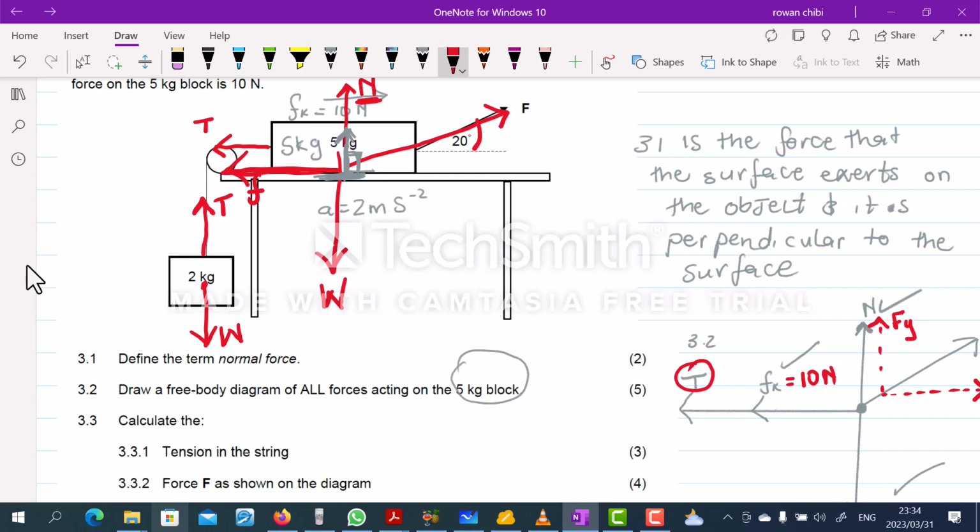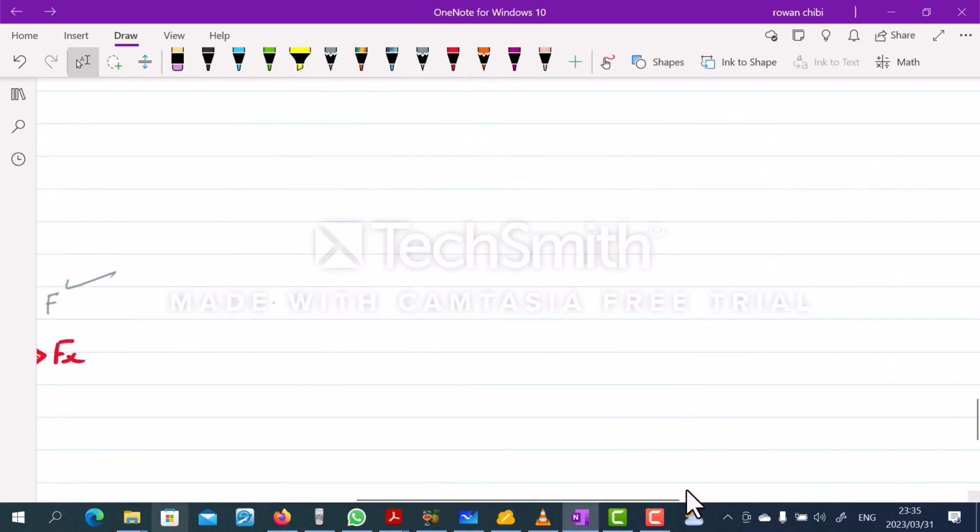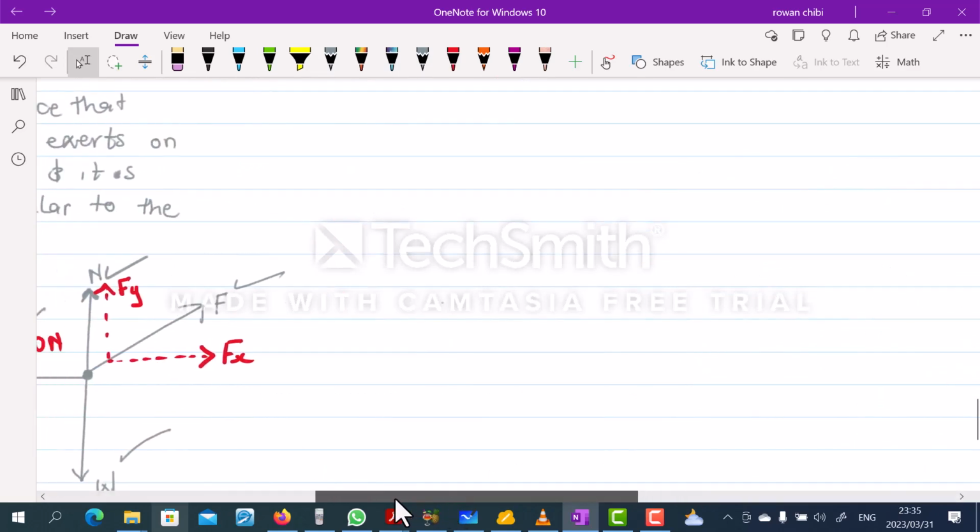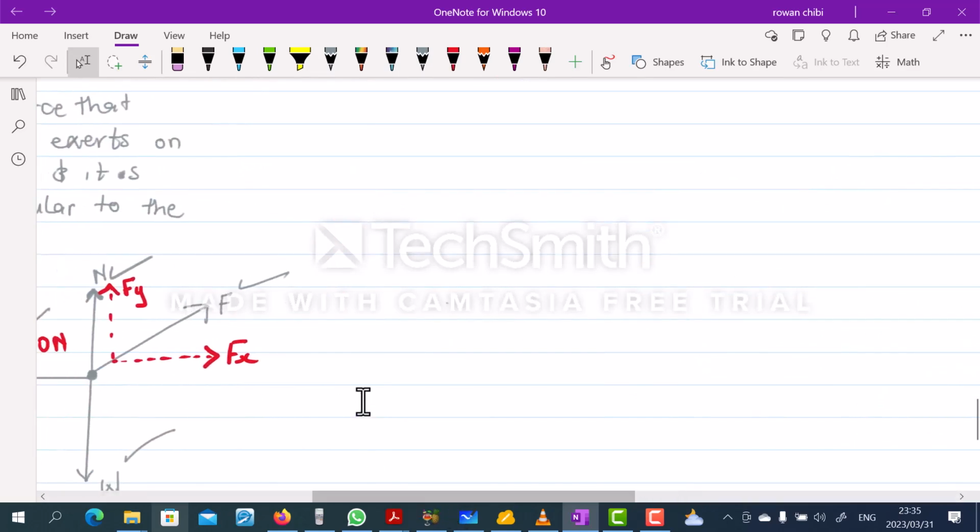So the 2 kg block has these 2 forces, and the tension of the 2 kg block is equal to the tension of the 5 kg block. So these 2 forces, T2 and T5, are always equal but in opposite direction. So if we can find T2, then we would equate it with T5 because they are equal but in opposite direction. So you can easily find T2 because there are only 2 forces there. So let's do that one.